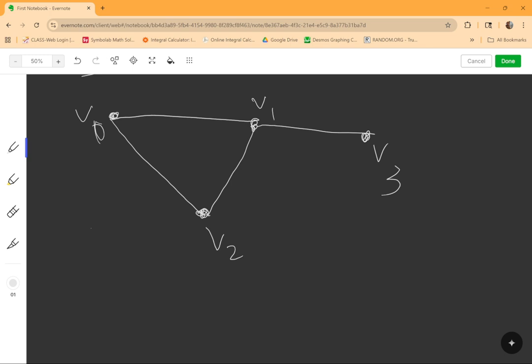A walk is the most basic, most inclusive way to describe this.